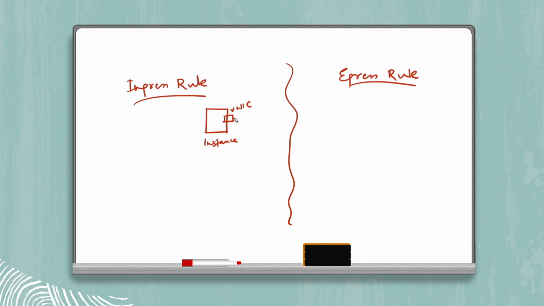So this is where we associate the network security group. Now ingress rule. Ingress rule means ingress to the instance. See the direction of the arrow. And in case of egress rule, if we have the instance here, this is the VNIC, this is egress rule. That means the direction of the arrow will point out from the instance.